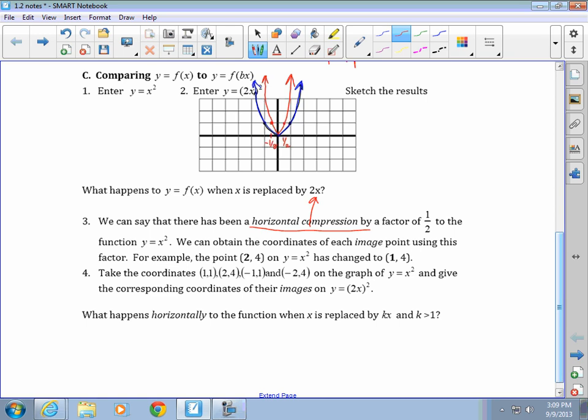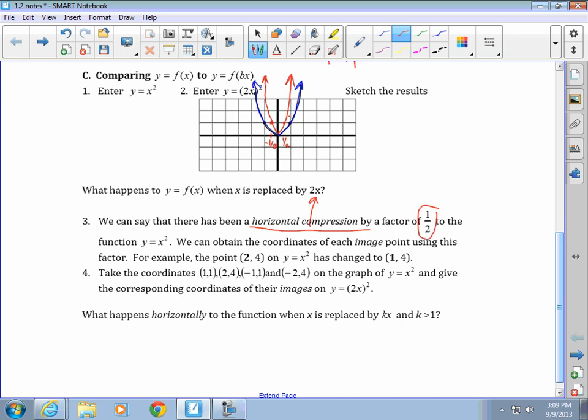They kind of answered it right here. It says we can obtain the coordinates of each image point using this factor. Using that 1/2 factor, you can find what all the other points would be on this graph. For example, the point (2, 4) on the y equals x squared graph, which would be up here, has changed to (1, 4) on this compressed graph.